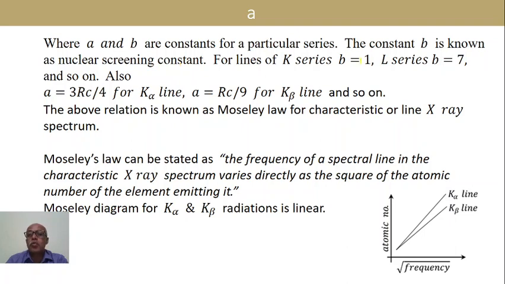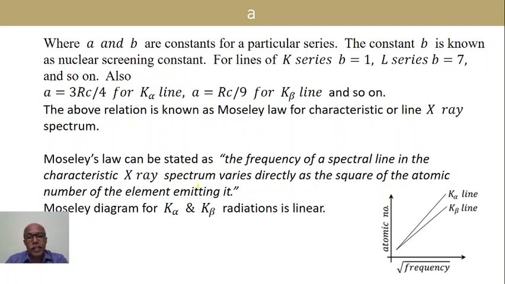For K series it is 1, for L series it is 7, and so on. Also A equals 3Rc by 4 for K alpha, A equals Rc by 9 for K beta, and so on. And the above relation is called the Moseley law for characteristic or line X-ray spectrum.